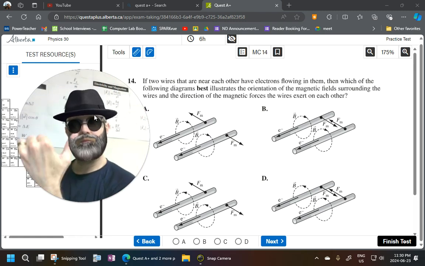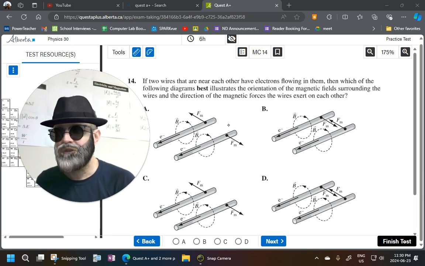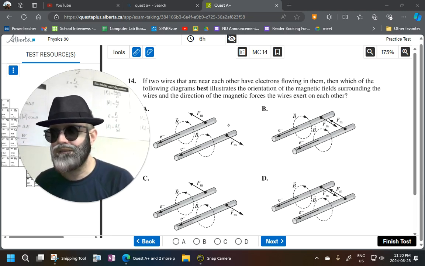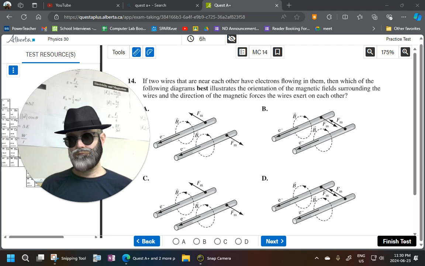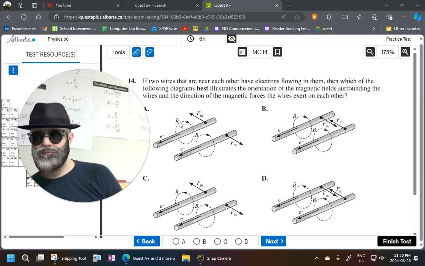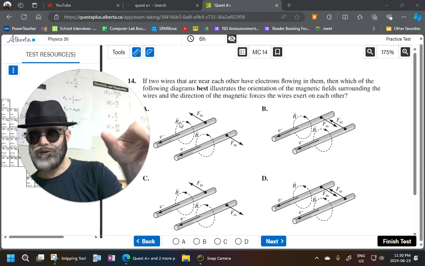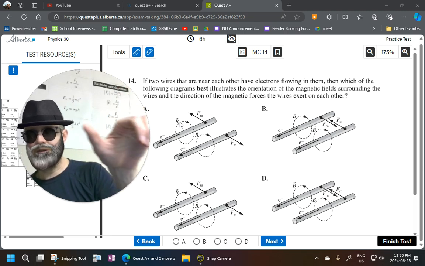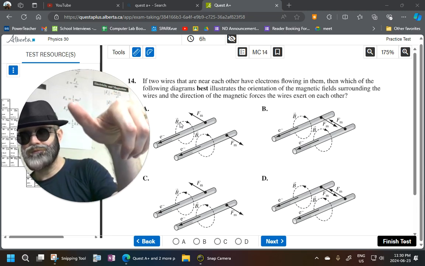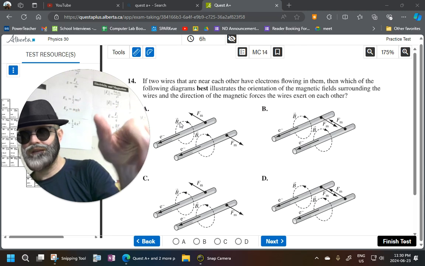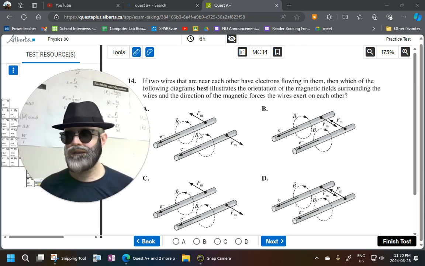So I can see that C and D are wrong, right? Based on my little hand rule here, we're just going to wrap around. You can see how my hands are wrapping around here, using my left hand. So it's got to go in that clockwise direction.